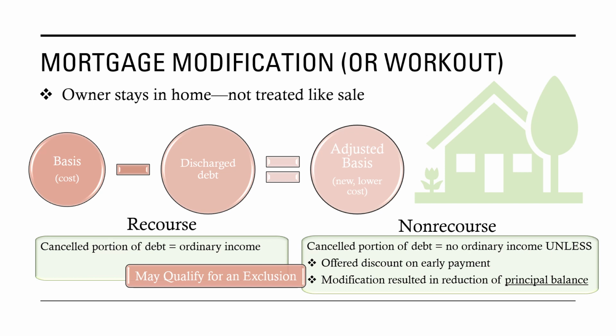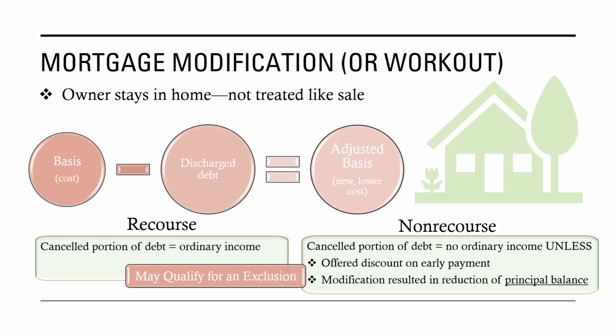Again, we have some differences in how recourse debt and non-recourse debt get treated. With recourse debt, the canceled portion of the debt would result in ordinary income unless our taxpayer qualifies for an exclusion. With non-recourse debt, generally speaking, the canceled portion of the debt does not result in ordinary income. However, we have a couple of caveats.